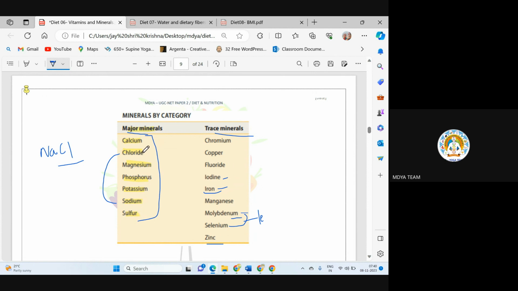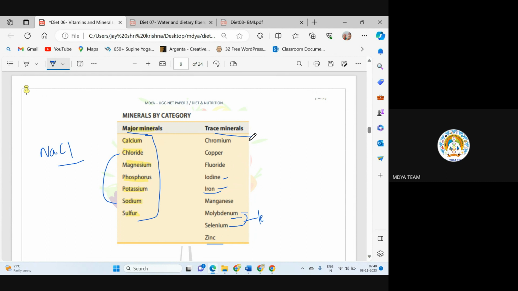What you can do, you can just remember these major minerals, and when you remember these major minerals, all other minerals except these are trace minerals. Because sometimes what happens, our body contains many minerals, like around 40, 50, all present in our body and doing some function, and many functions of many minerals are still unknown.